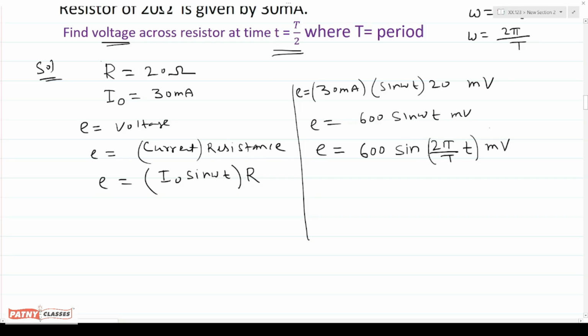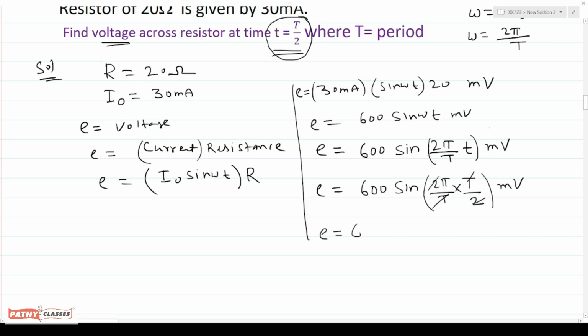It is given in the question to find voltage across resistor at time t equals T upon 2. So E equals 600 sin 2 pi upon T as it is, but time is given by T upon 2 second. The result is in millivolt. T gets cancelled, 2 gets cancelled.